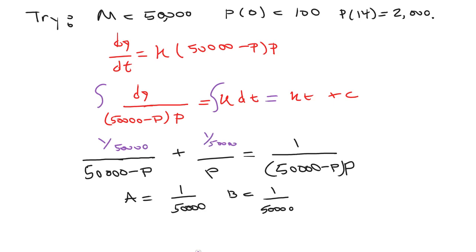And from there, once you find your equation, you're going to use that the amount of time that has passed, 2 weeks, went from 100 to 2000. And it's going to basically give you what that equation looks like.